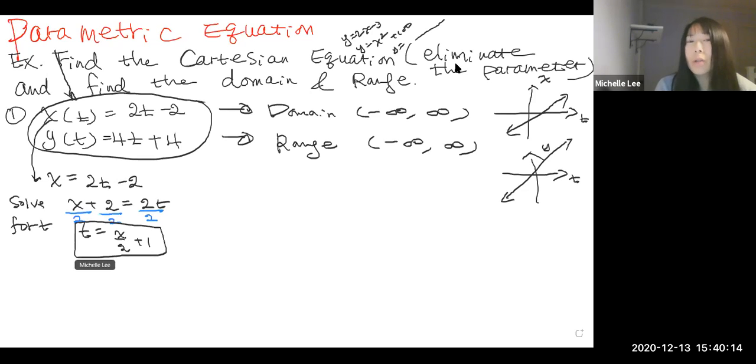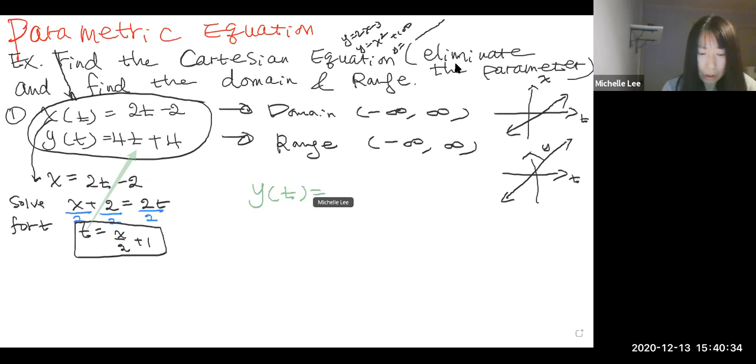Now, t equal to x over 2 plus 1, we substitute into y. Here y of t equal to 4t plus 4.